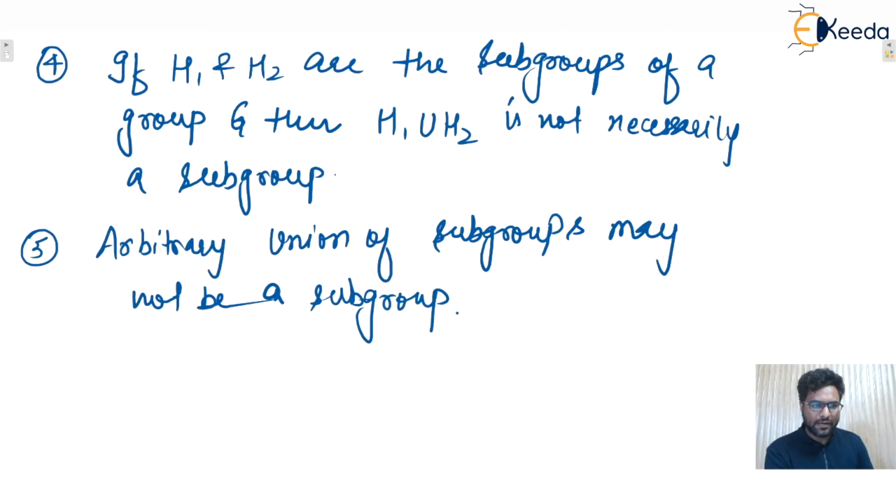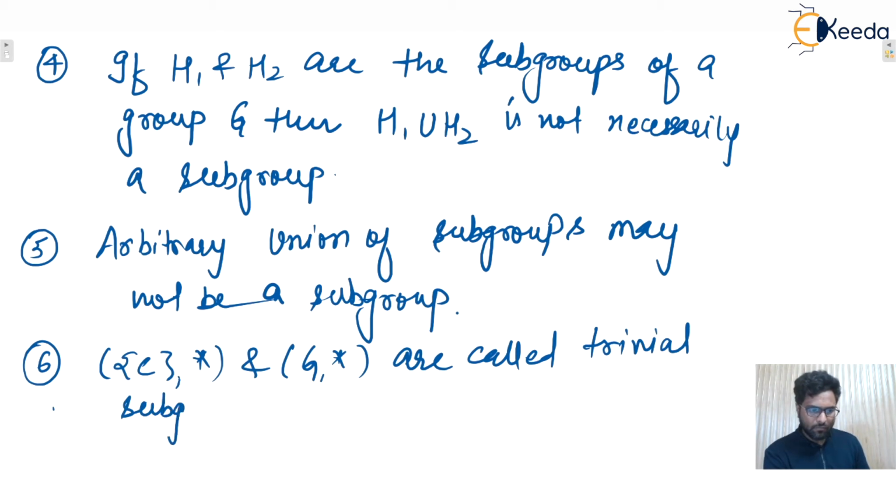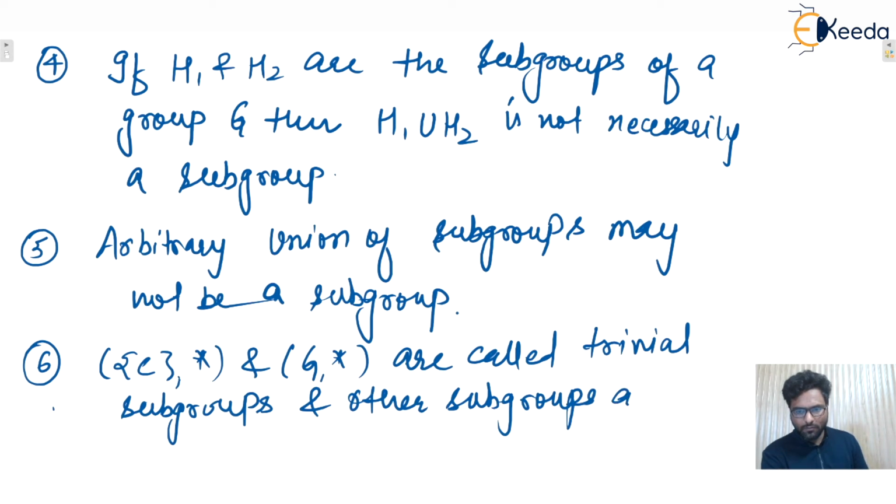Okay. So write down the next one in the properties, the sixth one. We can say that an algebraic structure with only the identity element, and the same group G, are called trivial subgroups, and other subgroups are called proper subgroups.